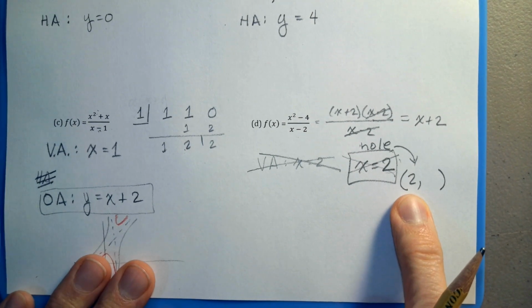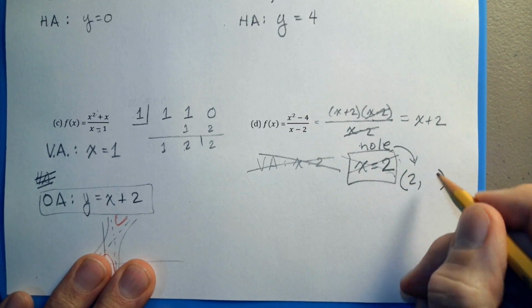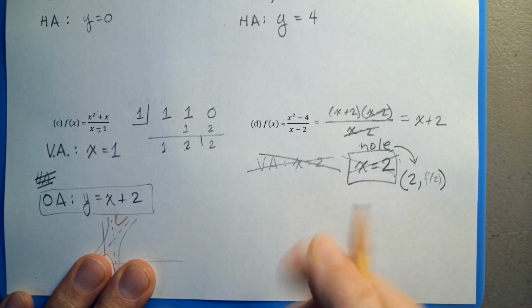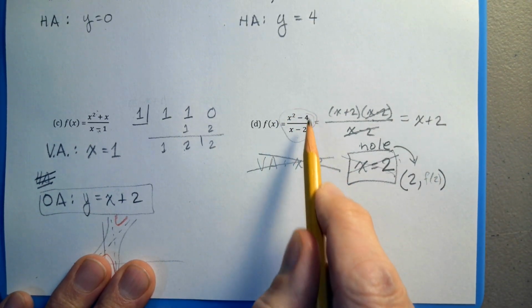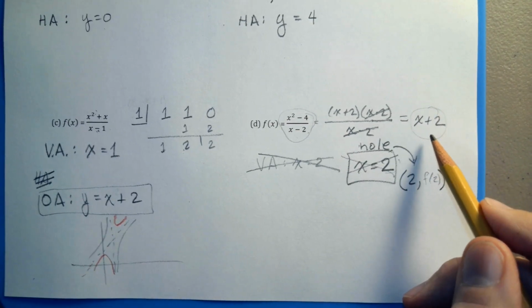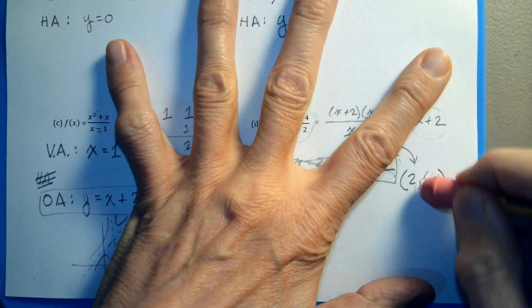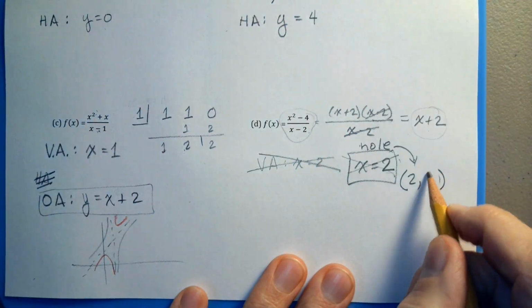And so we'll say 2, comma, and then we need to find essentially f of 2. But the problem is we can't put 2 into the original function. We put 2 into this reduced function. So this new function, evaluated at 2, would give us an output or y value of 4.